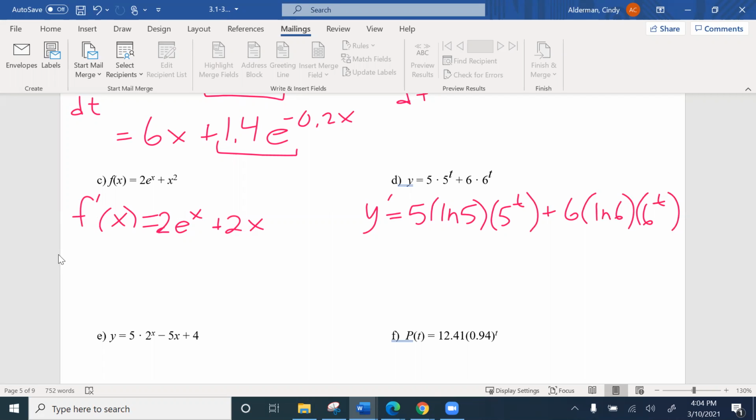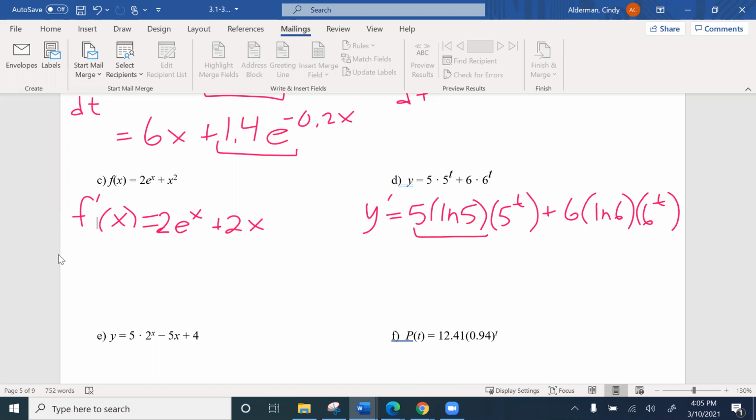Now, I was talking before about formulas, and sometimes if they ask you for a formula, this is perfectly acceptable. Now, you could simplify some of this, right? Because the natural log of 5 is just a number. But if they're asking you for a formula, this is acceptable, okay?